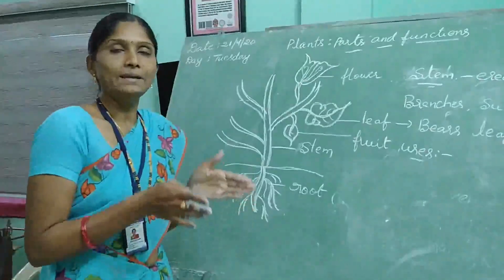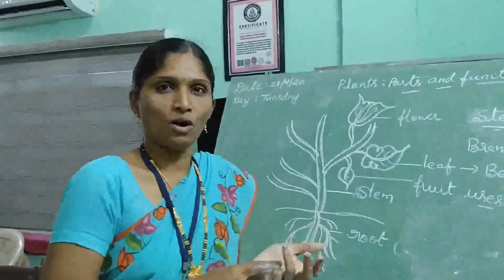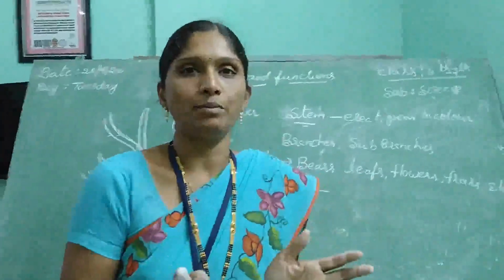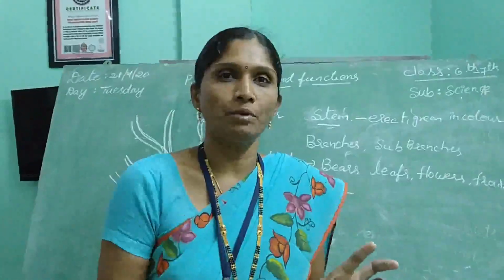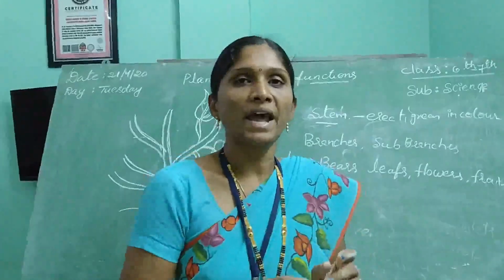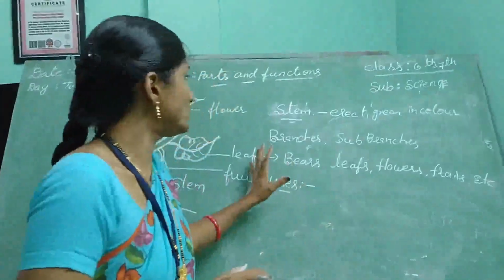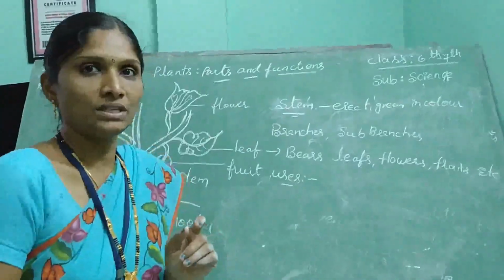That means it passes water and minerals to all parts of the plant body through the branches of the stem. That is the use of the stem.